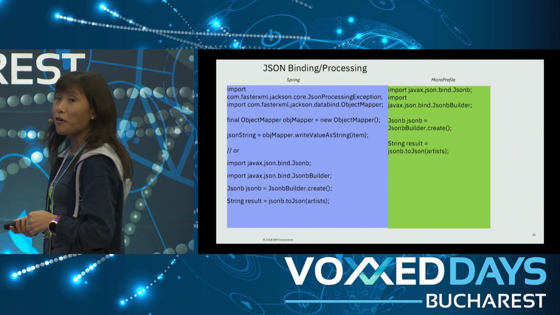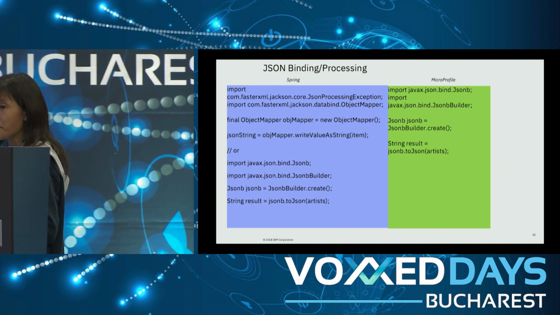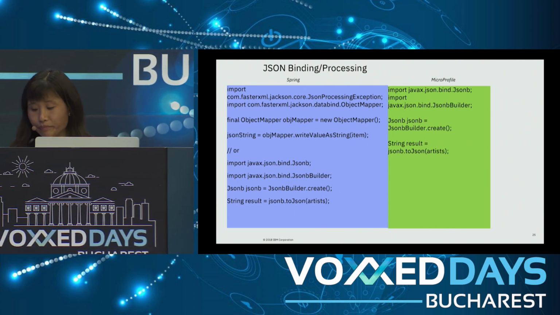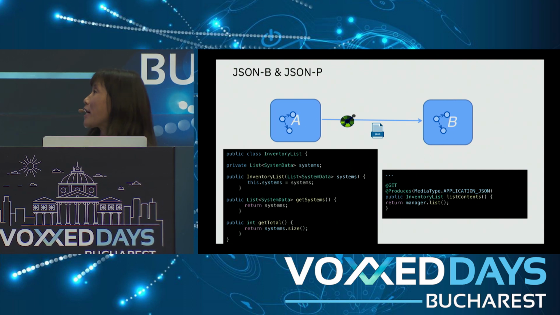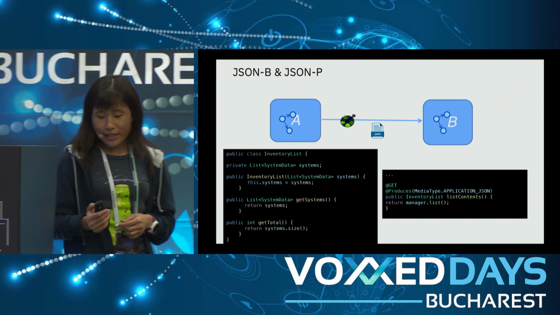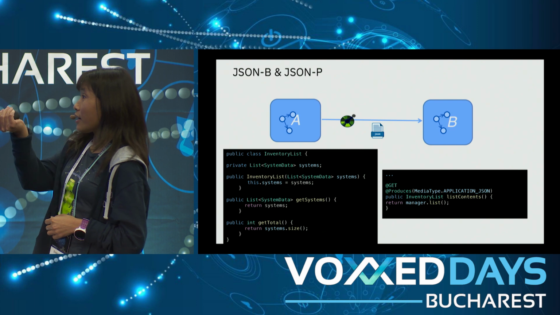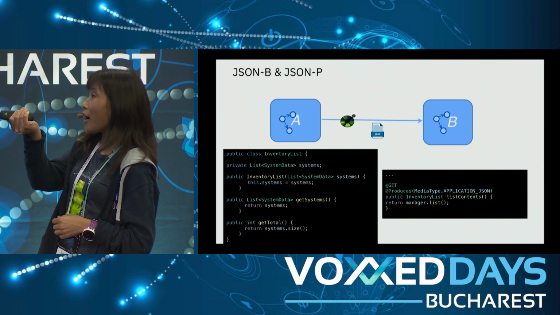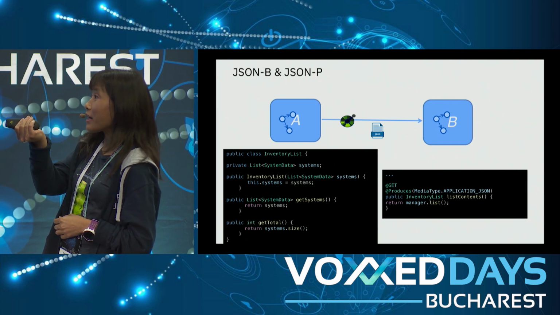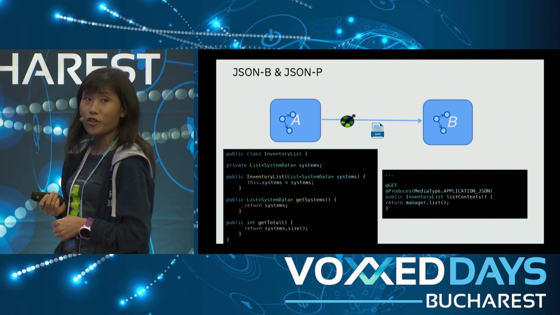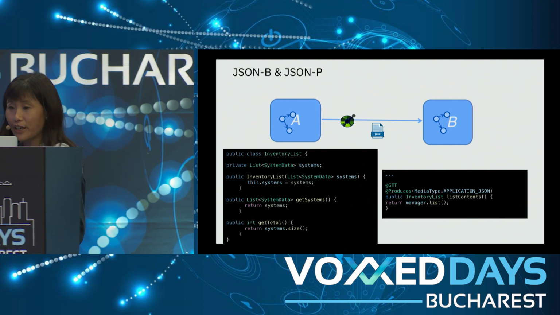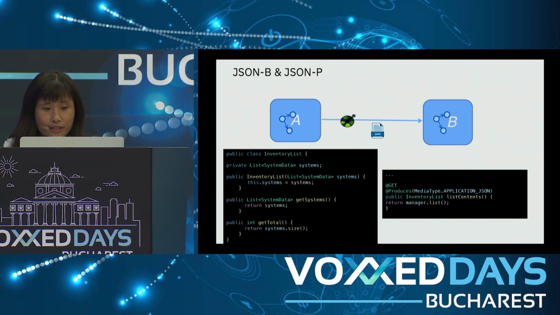And in MicroProfile, we directly use JSON-B or JSON-P. In MicroProfile, if you declare the class, the type, and the data format, and then you directly say @GET and @Produces with this JSON format, it will be fine.